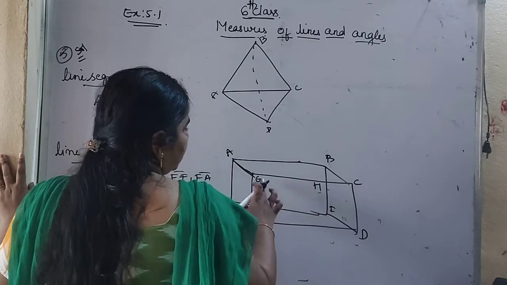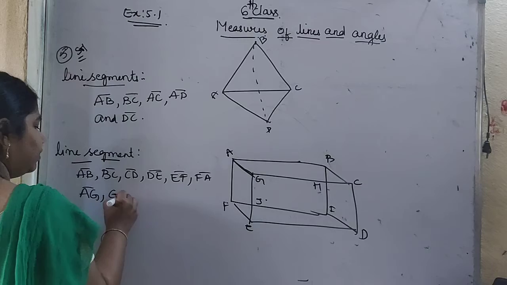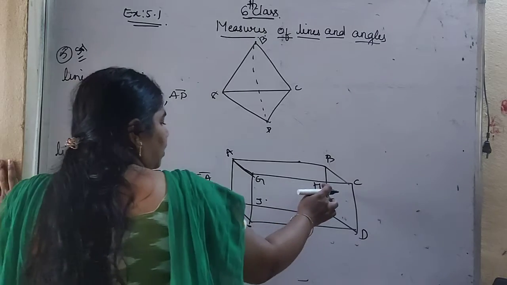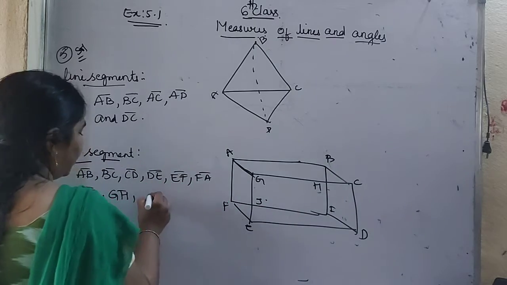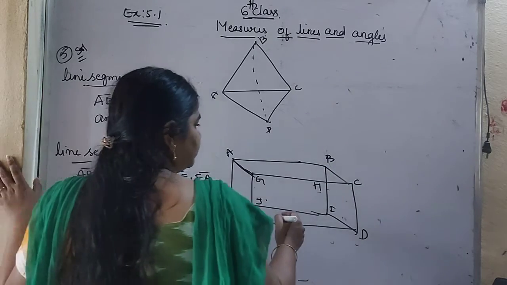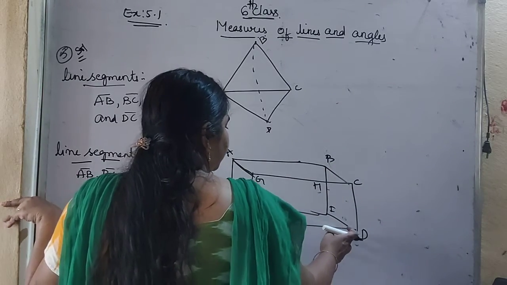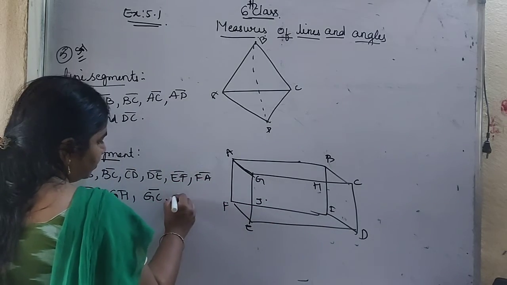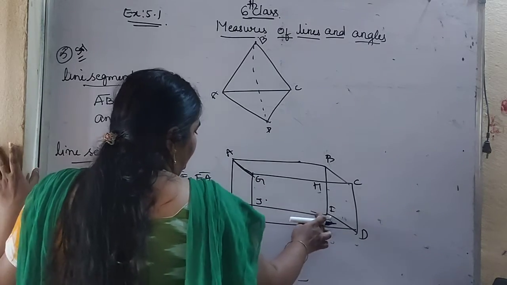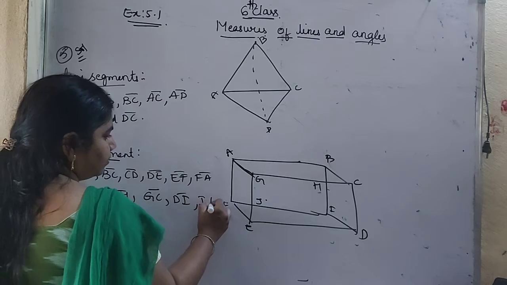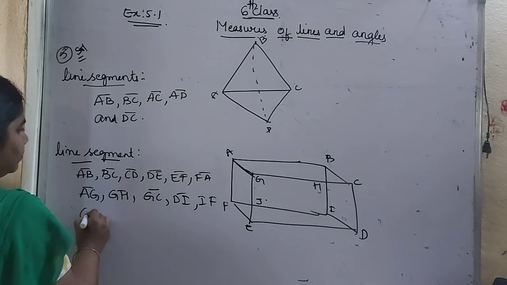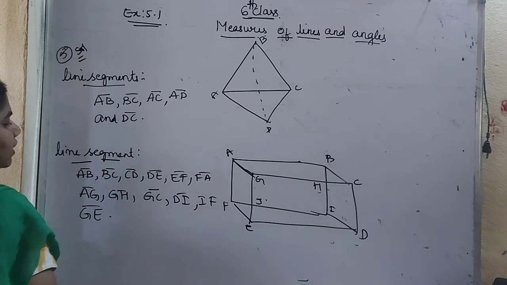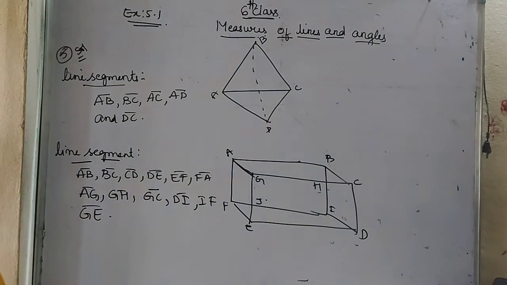Next is GH line segment. Next GC line segment, DI line segment, IF line segment. Next is GE line segment. So these are the line segments found in this figure.